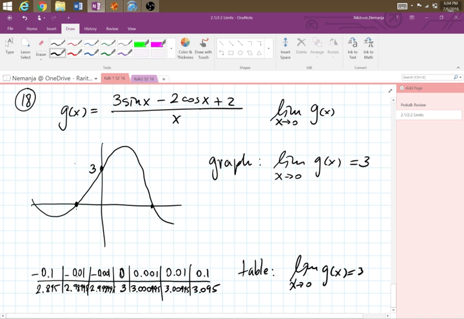I'm plugging these values that I picked. These are all x values. Yeah, except I use the feature of the calculator that computes the values quickly rather than typing it every time. On the TI-83, I'm using the vars button.